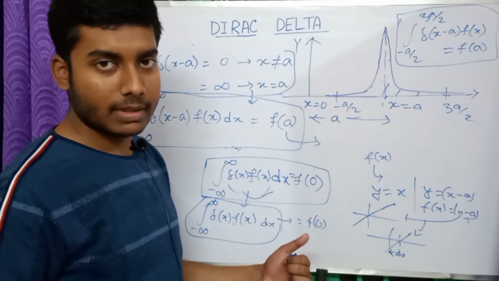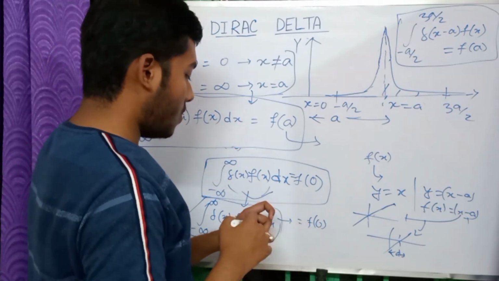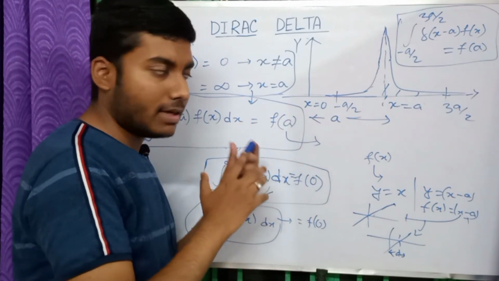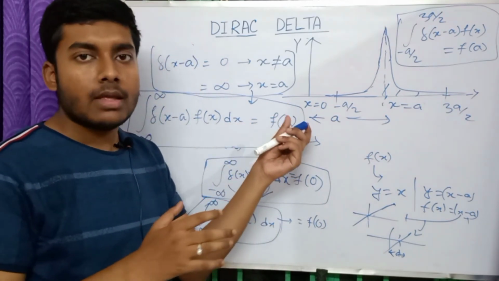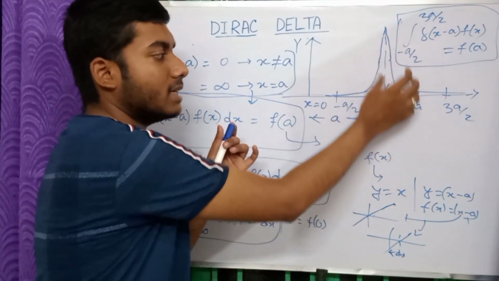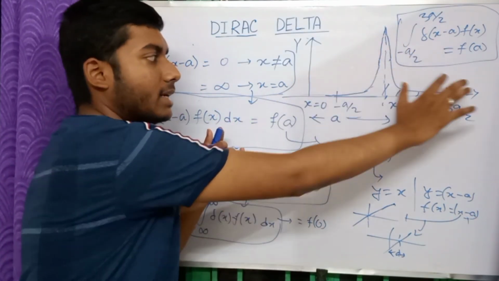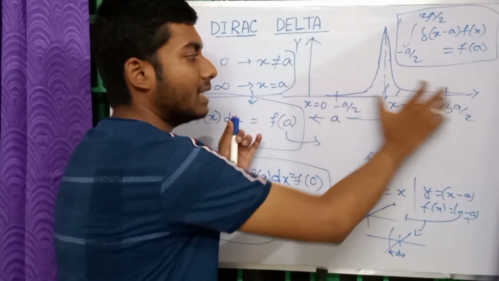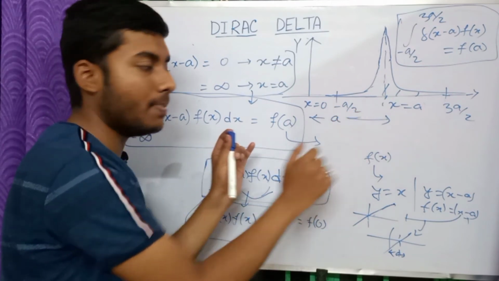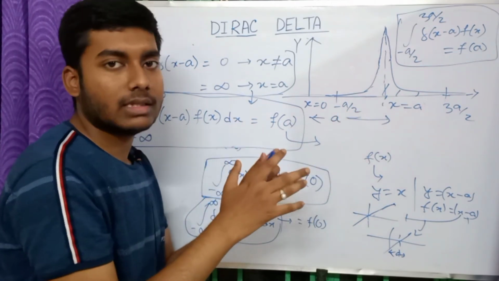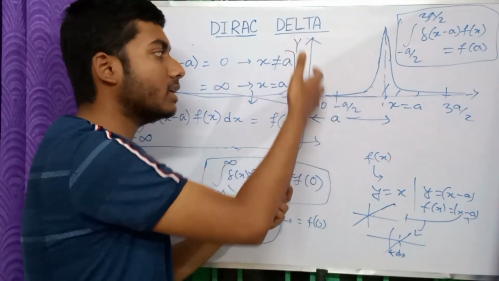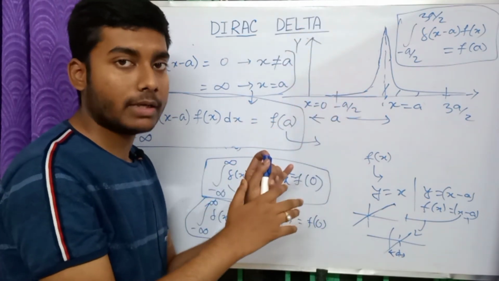So why is this happening? Because we can understand that when the limit was from minus infinity to plus infinity, then in all the other points except at x equals a, the product will be null, because the Dirac delta function is 0 at any other point.